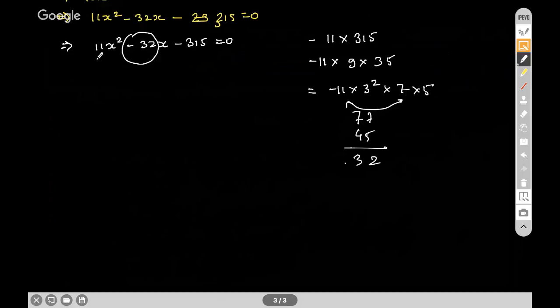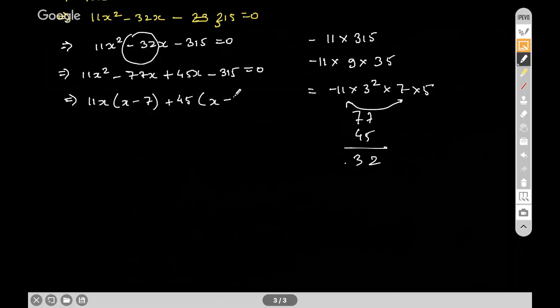So it works. Hence I can say it is 11x squared minus 77x plus 45x minus 315 equals 0. Okay, so this means 11x into (x minus 7) plus 45 into (x minus 7) equals 0.